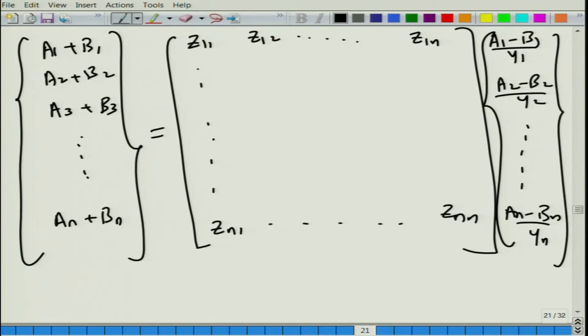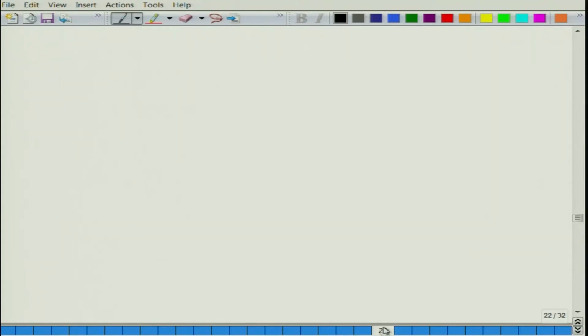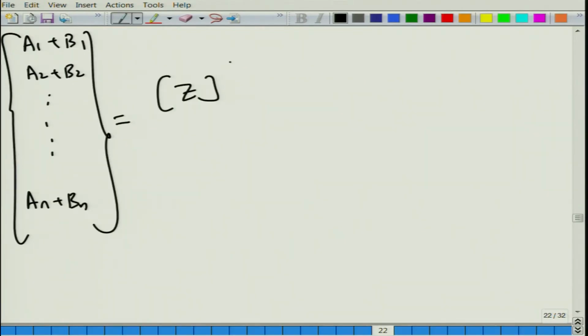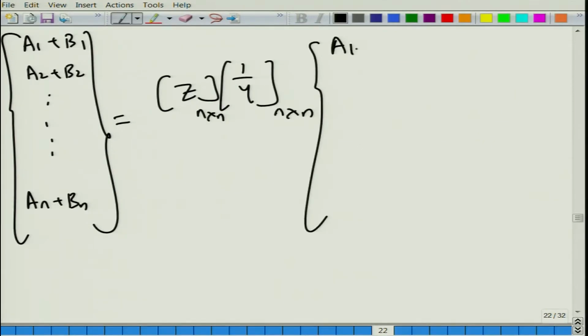So you get this sort of a thing. Now what we do is A1 plus B1, A2 plus B2 and AN plus BN is equal to Z times 1 by Y, where Y is also n cross n, multiplied by A1 minus B1, A2 minus B2 and AN minus BN.